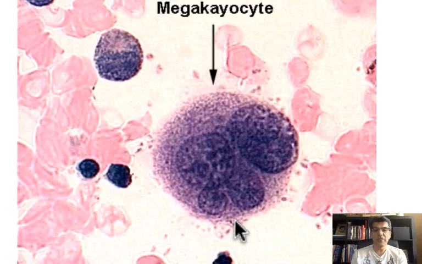If you pinch off a piece of this cytoplasm, each of these pieces is called a platelet. One megakaryocyte can create up to 3,000 platelets. These dots that you see here are pieces of this cell, which is called megakaryocyte. A platelet famously is used for blood clotting.